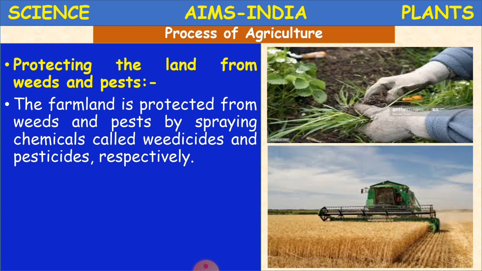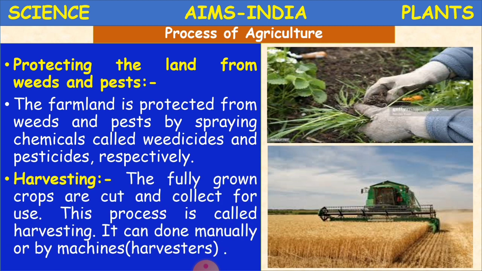The chemicals sprayed to avoid weeds are called weedicides, and those to avoid pests are called pesticides. Respectively, they do this process continuously so that the basic crop we are growing grows in a healthy way. Okay, children, clear?